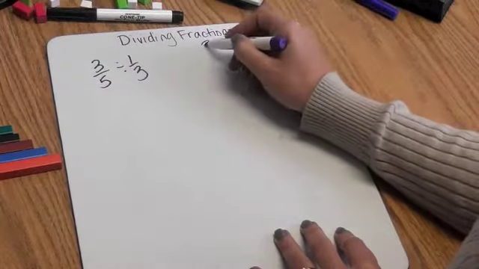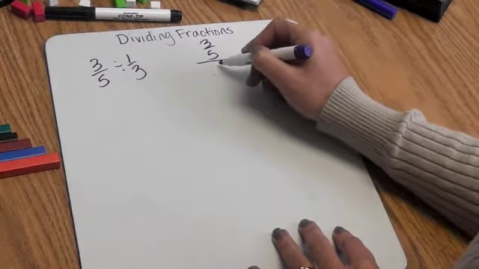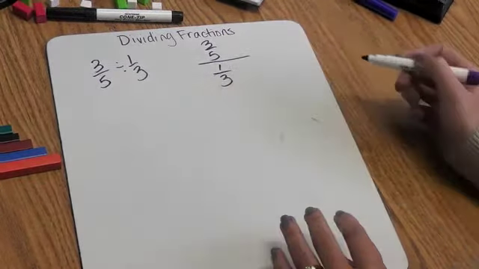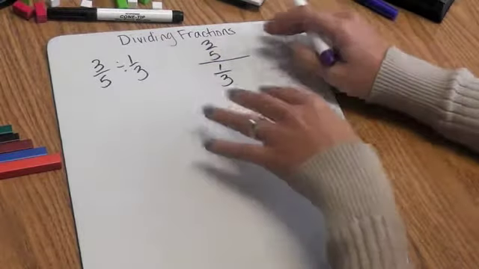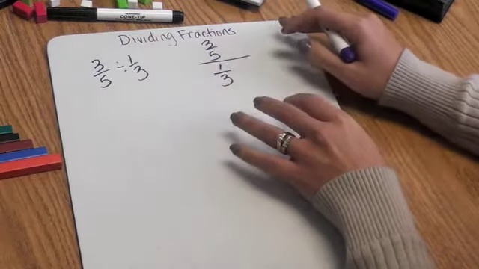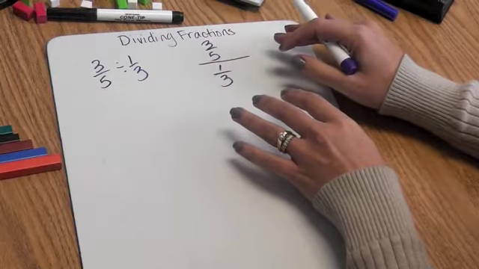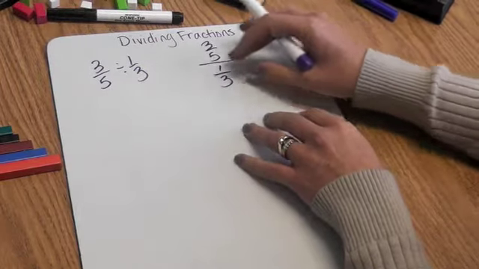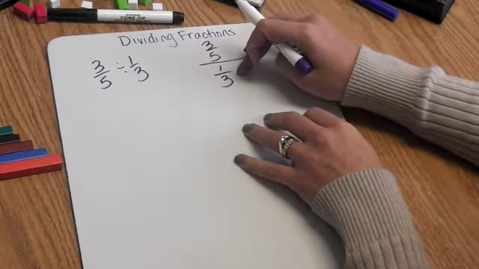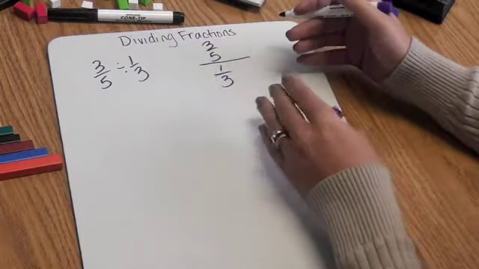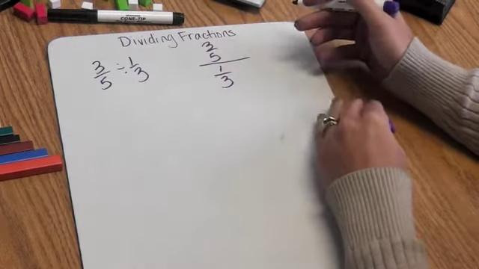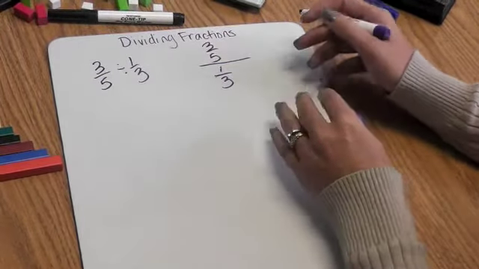So I'm going to take 3/5 divided by 1/3. This is kind of cumbersome and a little hard to work with. So what we want to do is get rid of this denominator of 1/3, and to do that, we're going to change it into 1 by multiplying with the reciprocal.